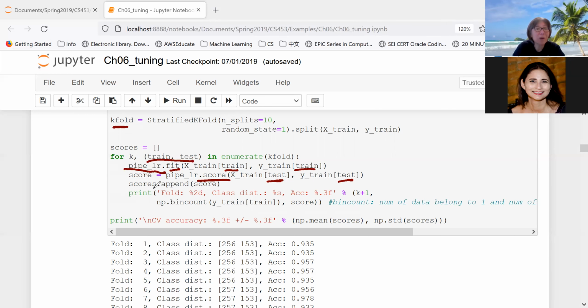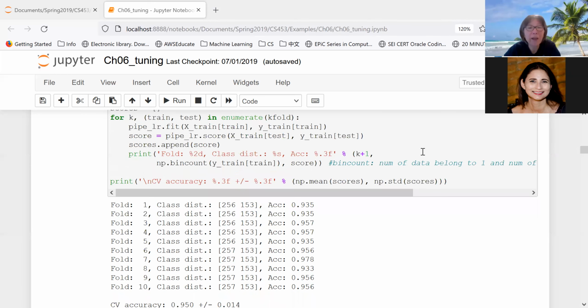This fold is a list, and we keep appending the new score to the list. Then we can do the bin count, which is just the number of data in each of the classes. Here we just have two classes, malignant or benign. Then we can also collect the mean and the standard deviation.